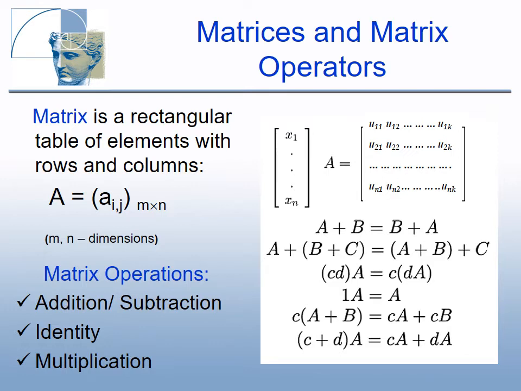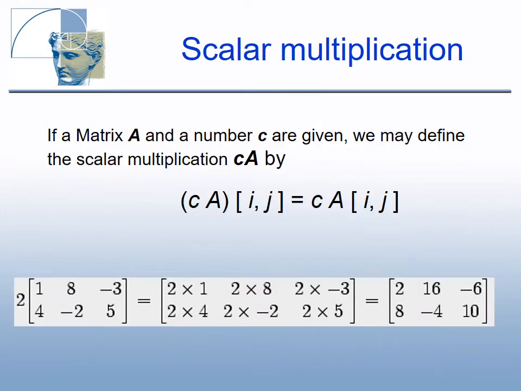The matrix and its close relative, the determinant, are extremely important concepts in linear algebra, and were first formulated by Sylvester and Cayley. In the scalar multiplication, each element of the matrix A is multiplied by the scalar value C. In the example below, the scalar C equals 2, and A is a 2 by 3 matrix. It is shown at the bottom how to practically multiply each matrix element by this scalar.